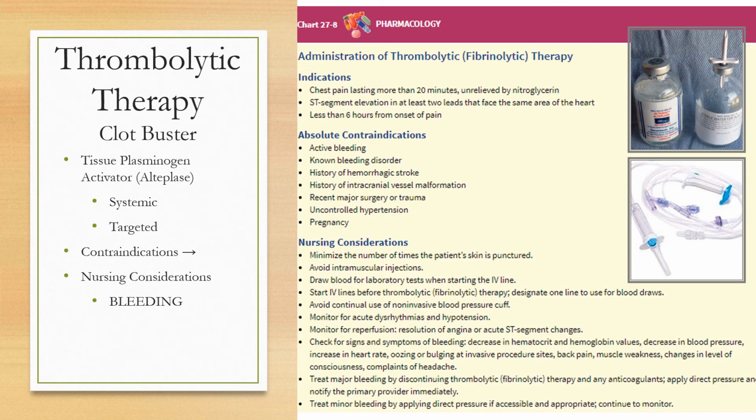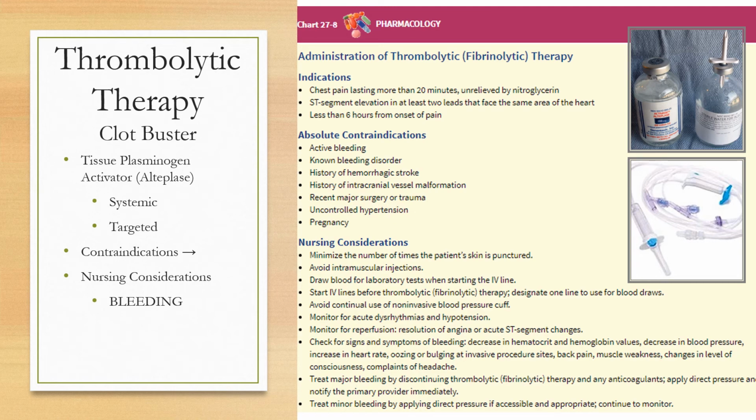So let's look at the contraindications to giving someone a fibrinolytic while they're having a STEMI. Any active bleeding. If they're having rectal bleeding or they're bleeding from a peptic ulcer, they can't have a thrombolytic. They're going to bleed out if that happens. Any significant known bleeding disorder.